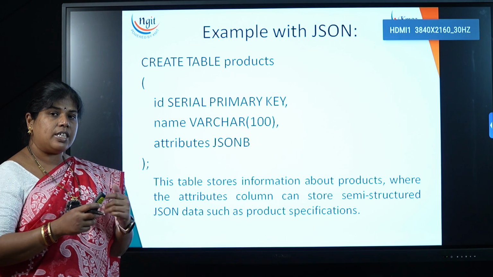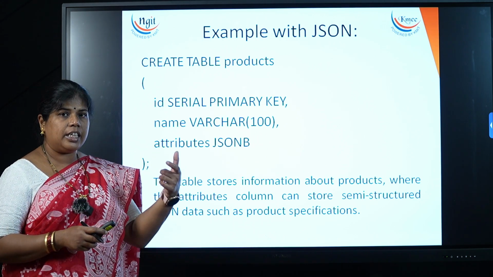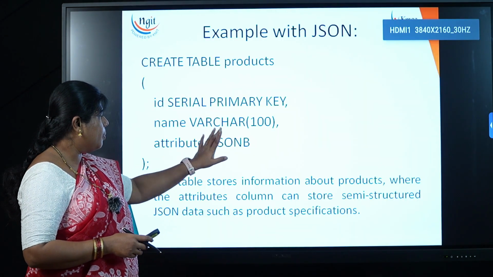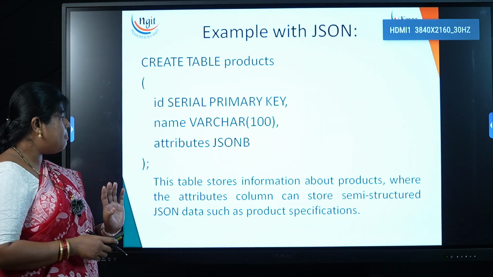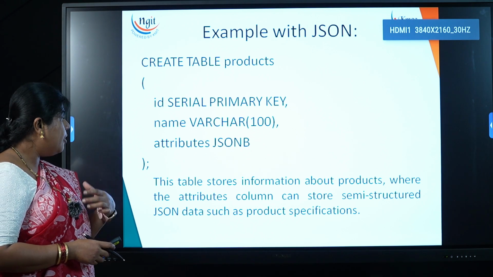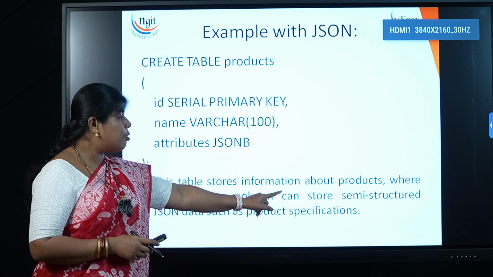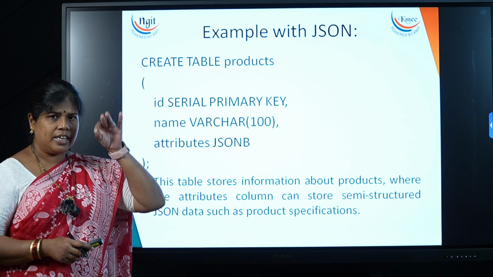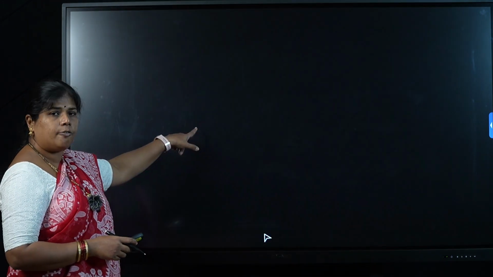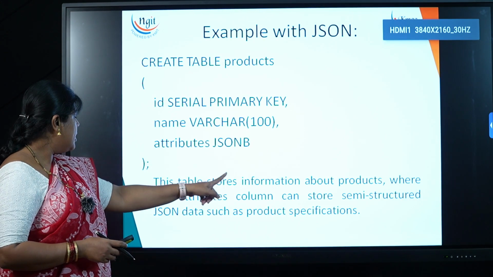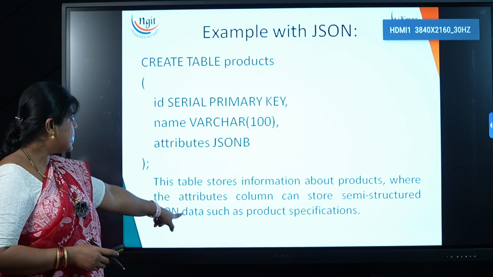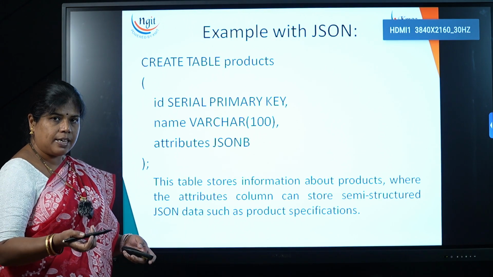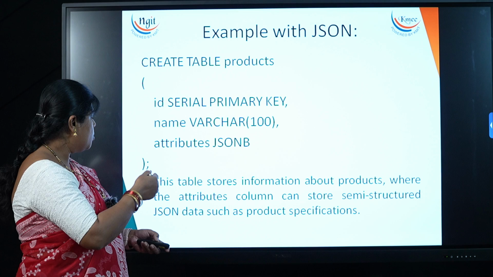Instead, I am going to store the key value pairs, and that's why I am writing the attributes as JSONB. So this table stores information about the product, where the attributes column is in semi-structured form. The first two follow a rigid schema, that is the structured form, but the attributes column is semi-structured and contains the JSON data, that is, the product specification is given in semi-structured form using JSON data.